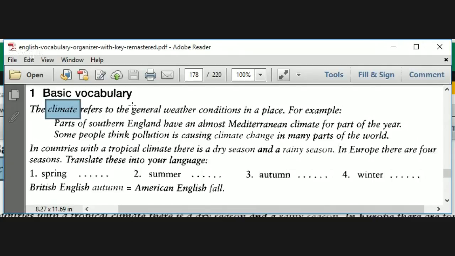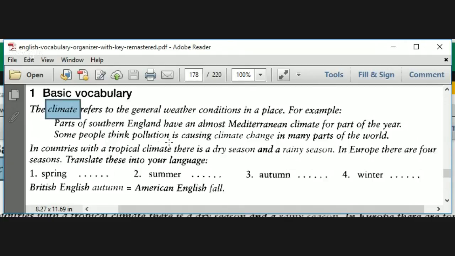Okay, we're going to be looking at vocabulary related to weather. So, of course, basic vocabulary, the climate, referring to the general weather over the course of a year. For example, Southern England has almost a Mediterranean climate for part of the year.